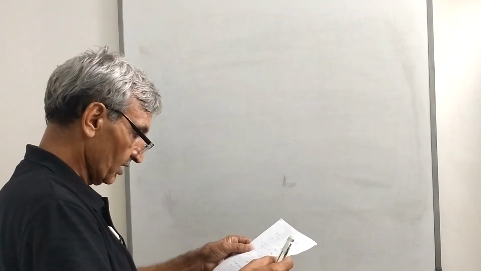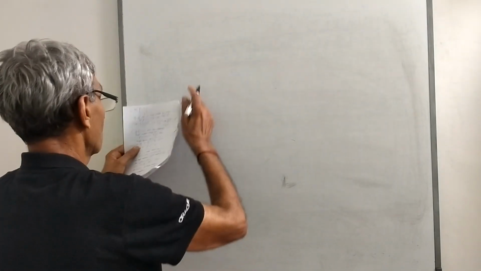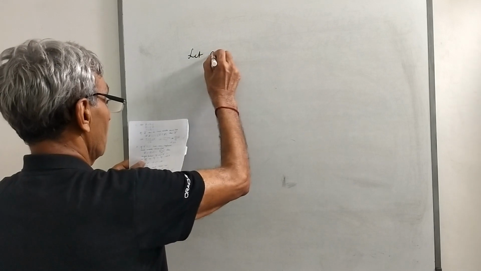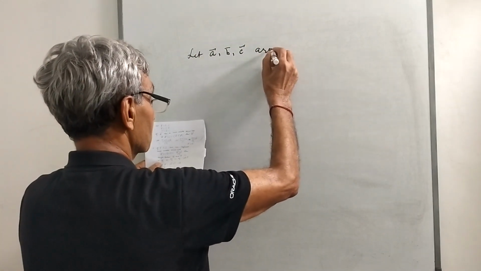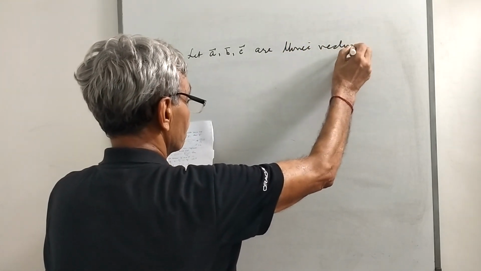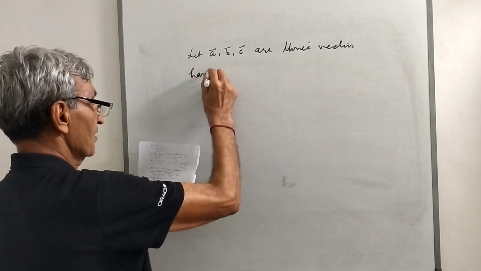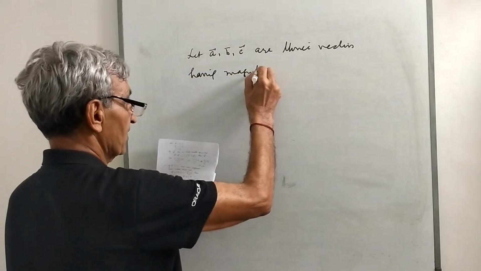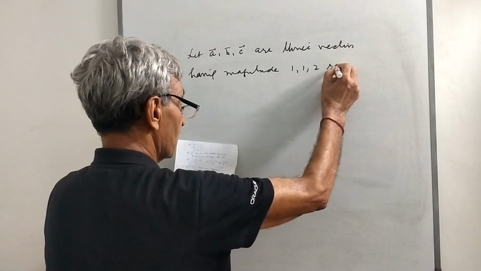Question number: let A, B, C be any 3 vectors having magnitude 1, 1 and 2 respectively.